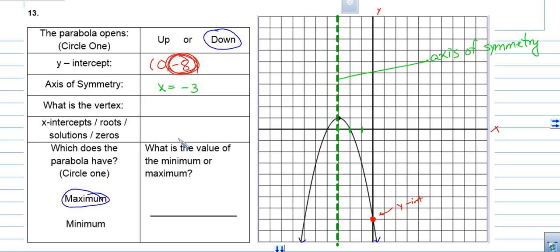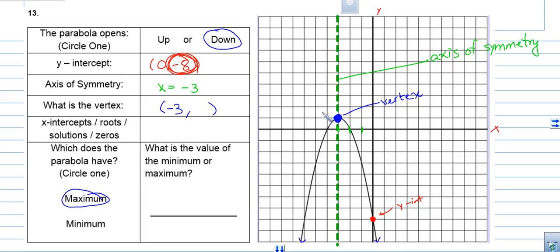Okay? What is the vertex? Well, the vertex is this dot right there. Okay? This is the vertex. And the vertex will have a coordinate because it's a point. It's the turning point of our graph. Okay? And this is the coordinate of the x value, -3, because the axis of symmetry runs through the vertex. So x is -3. And now we need to know what the y value is.